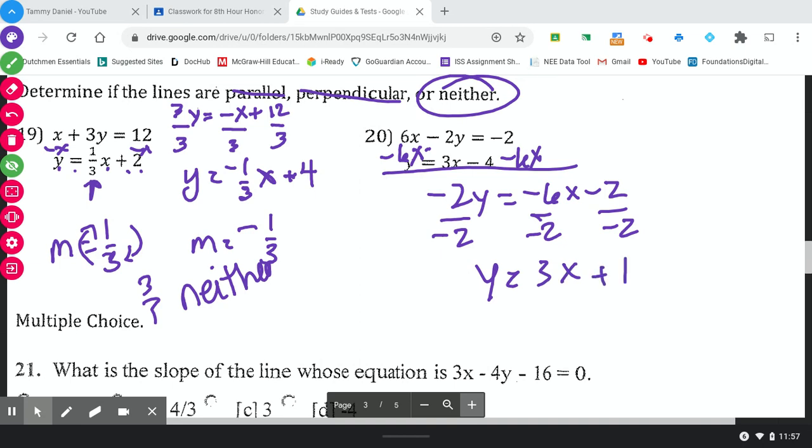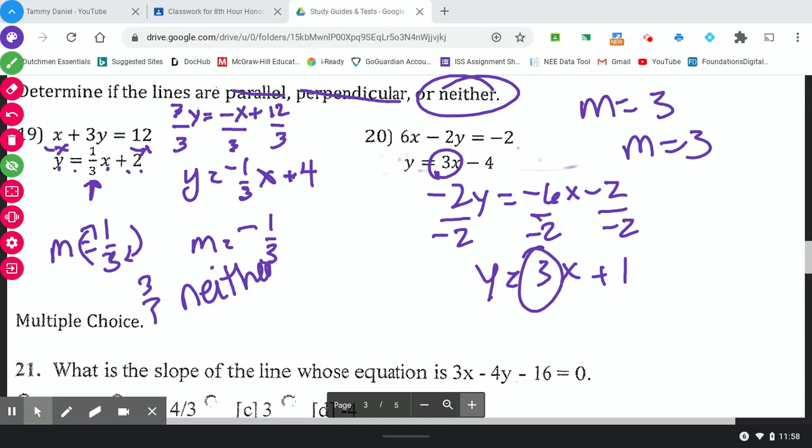So if I clean this up over here, we can see that the slope of this bottom line is a positive 3, right? So the slope of one line is a positive 3, and the slope of this line is also a positive 3.